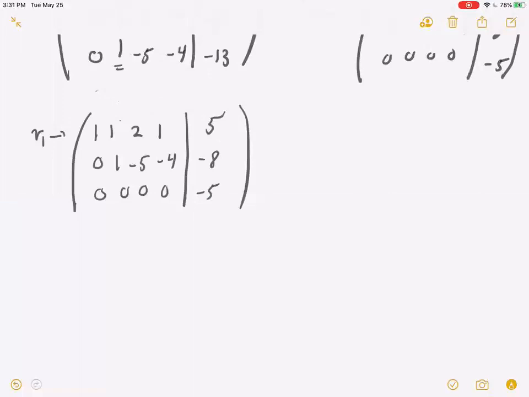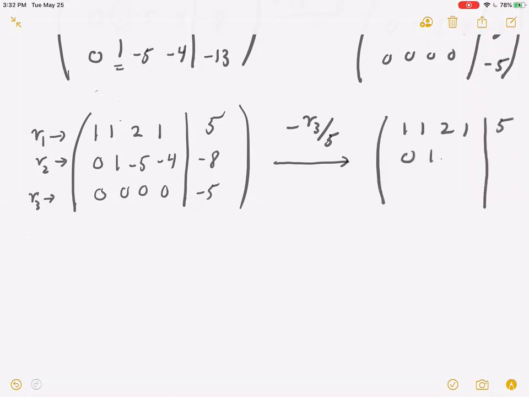Row 1 has a leading 1. Row 2 has a leading 1. Row 3 does not have a leading 1. Well, there's an easy way to solve that. Take row 3 and multiply it by -1/5. I'll get this. So now all 3 rows have leading 1s.